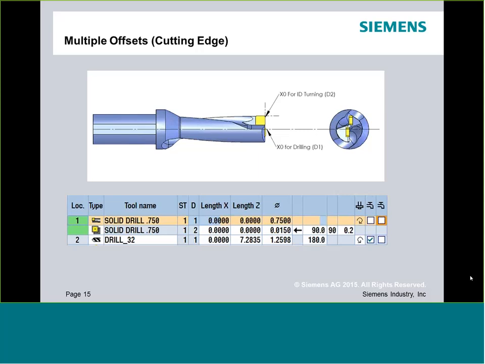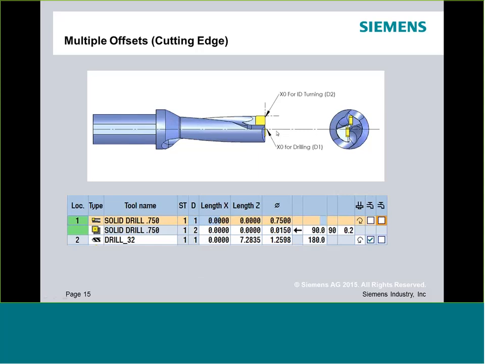The other scenario that I might use an insert drill for over a twist drill would be for ID turning. So in place of a boring bar, these insert drills are very, very stout, and they have a tendency to bore quite well. So here is a case where I might want to use our multiple cutting edge function. So for every tool, I can build up to 9 offsets. And those are D numbers here. So D1, D2, D3, so on and so forth.